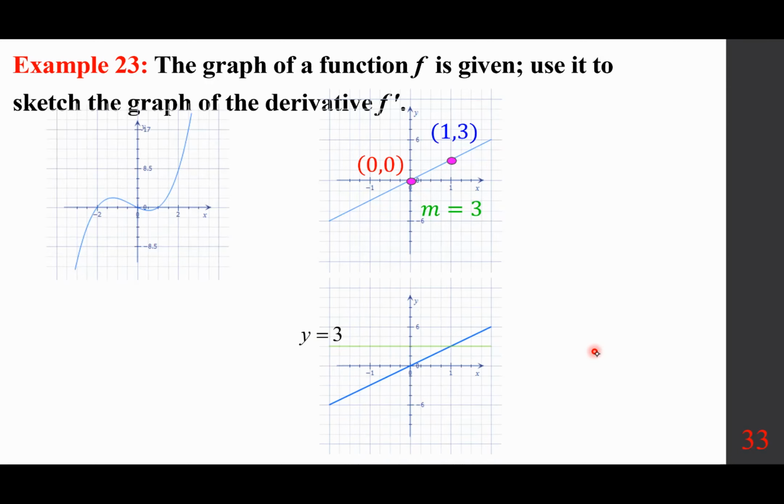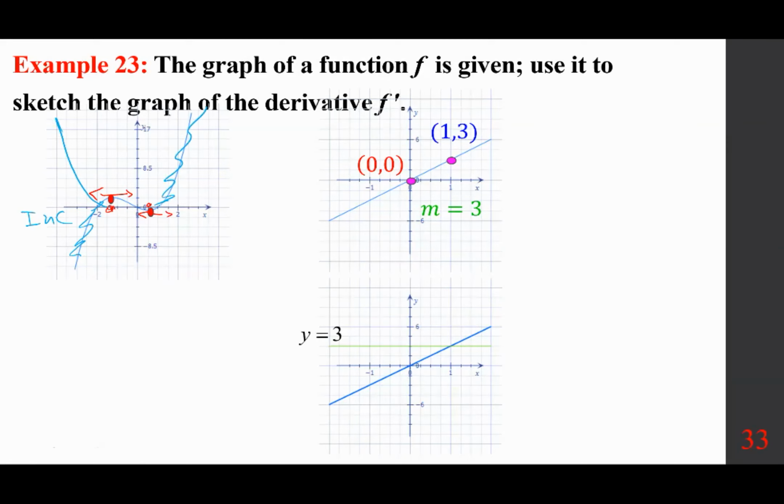For this case, first notice the two easy points. You notice we have these two. They correspond to 0 and 0 here. And this is increasing, so above the x-axis.